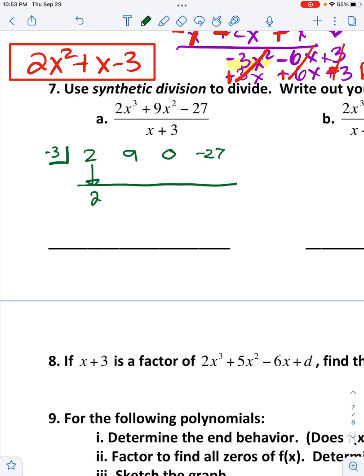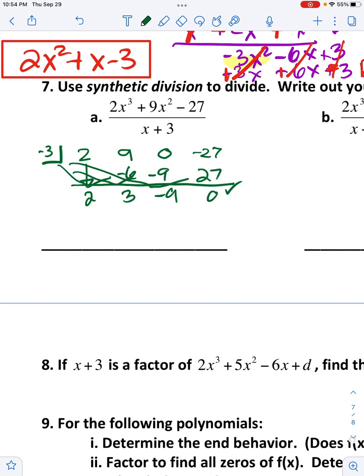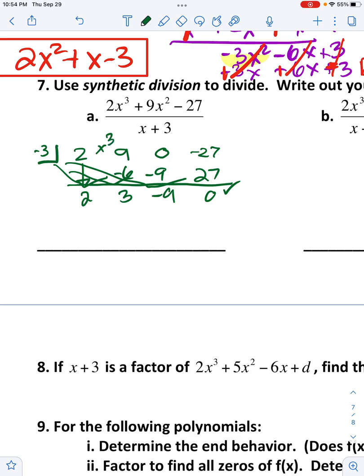This drops, and then anything below the line gets multiplied by the number in the box. So that becomes a negative 6, 3, negative 9, so negative 9. I'm just multiplying and then adding. Positive 27, boom. So that went in evenly. Since this was an x cubed, it drops by 1 power every time because you're dividing out 1 power of x.